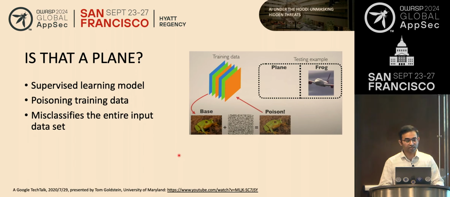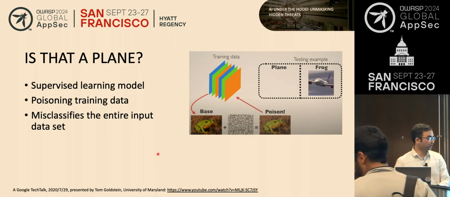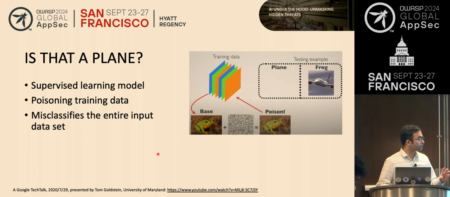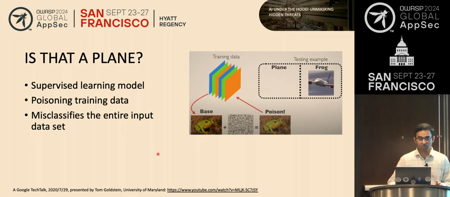In this case, the plain image got classified as a frog image. So this is another instance wherein some perturbation noise within the input data can cause the AI system to generate incorrect output.